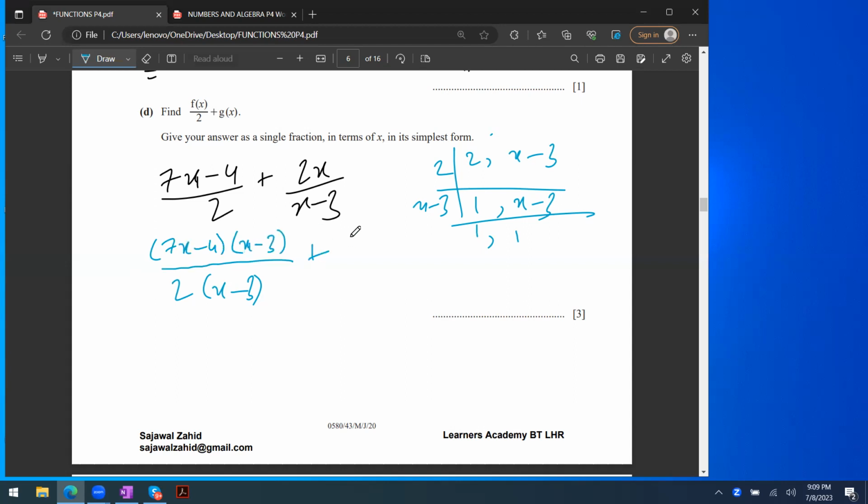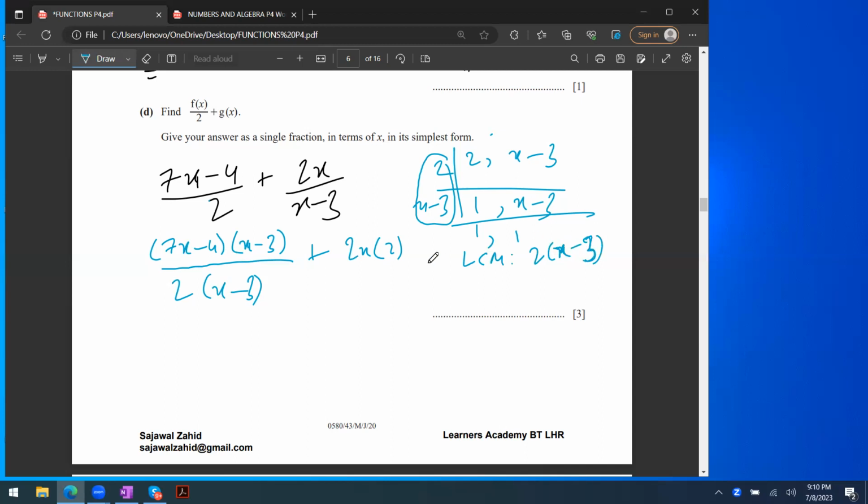For this one, 2x, we multiply by x minus 3 because 2 is already there. We just need to add x minus 3. It already has a 2; the only thing missing is x minus 3. Because the LCM, as you can see here, is 2 into x minus 3.